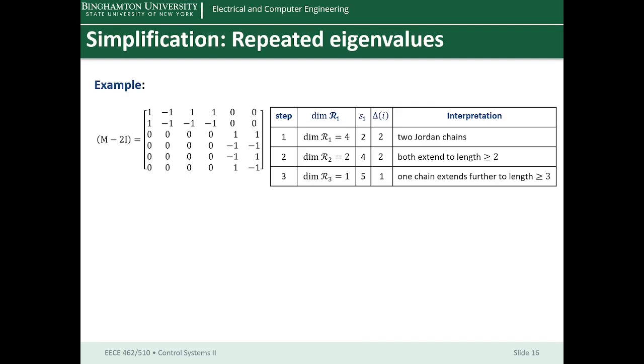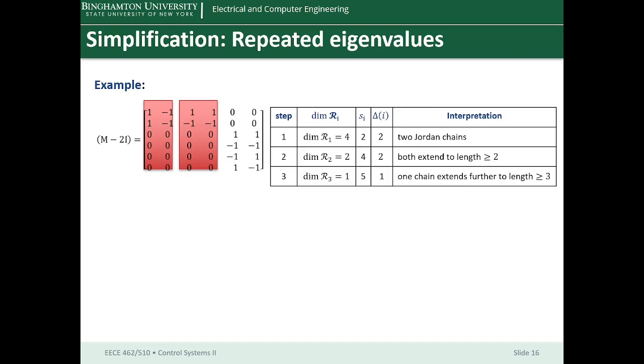When we look at m minus 2I, we can see that some of its columns are linearly dependent. Column 1 and column 2 are dependent, and so are column 3 and column 4. However, column 6 and column 7 are independent. Altogether we find 4 linearly independent columns, which means the rank of this matrix is 4.